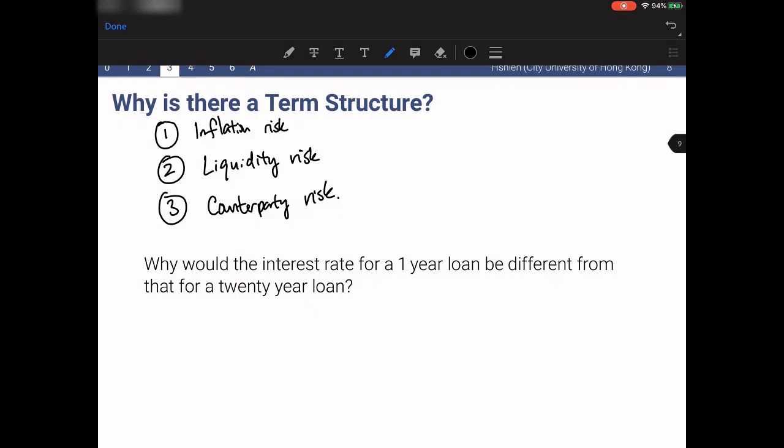But if there is a higher chance that this institution goes bankrupt or defaults 10 years out, then bond investors, or if you were a bond investor, you would demand a higher return on holding those longer maturity bonds. In that case, in which there is counterparty risk, you can expect a different interest rate for longer-term bond securities.